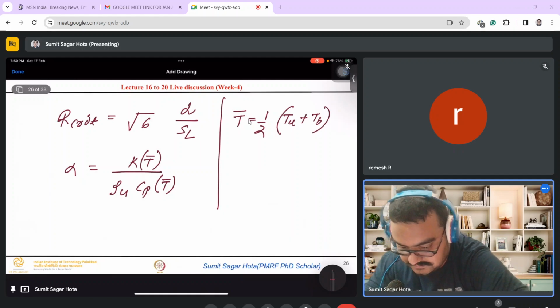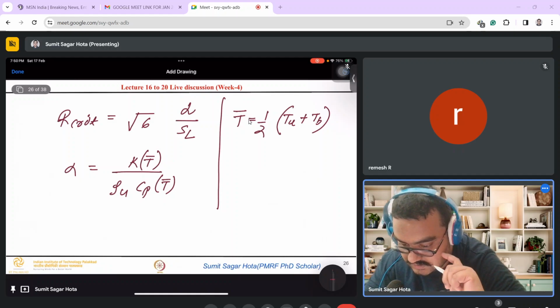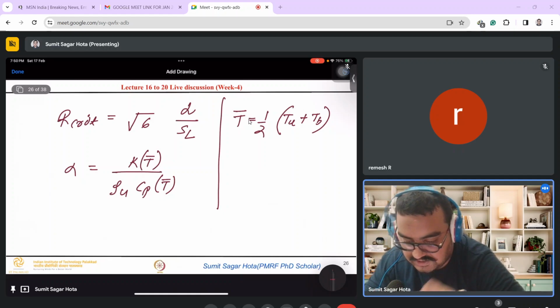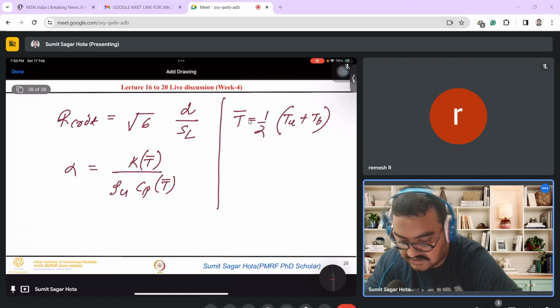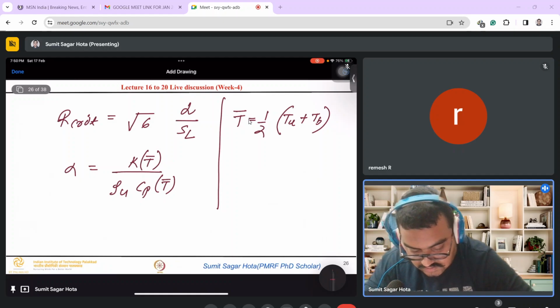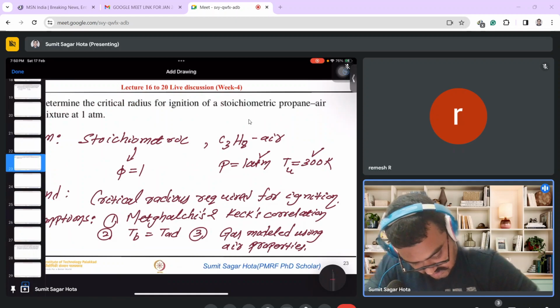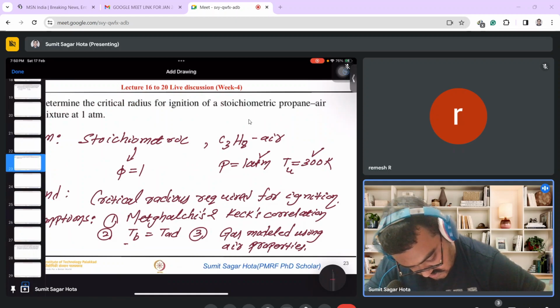K is the thermal conductivity at the T bar. Now here in this question nobody tells what the burned temperature is, so I just take one assumption here: T_b is equal to T adiabatic.